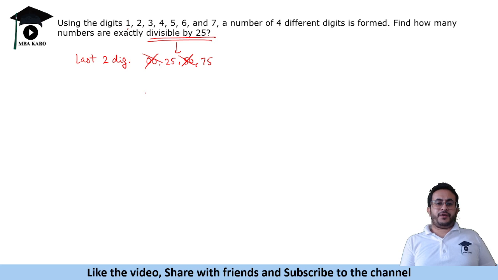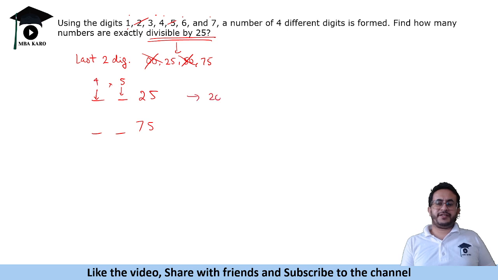Now let's take the last 2 digits as 2, 5 and the last 2 digits as 7, 5. If the last 2 digits are 2, 5, then we should have 4 different digits. So 2 and 5 have been selected, and we have 1, 2, 3, 4, 5, so 5 ways to select this digit. Now 3 digits are selected, and we have 4 ways to select this digit.